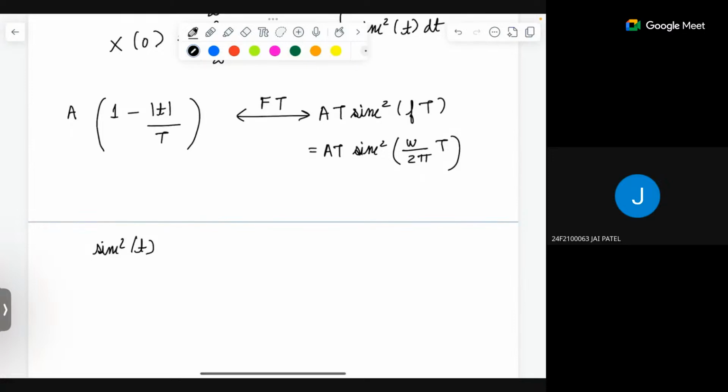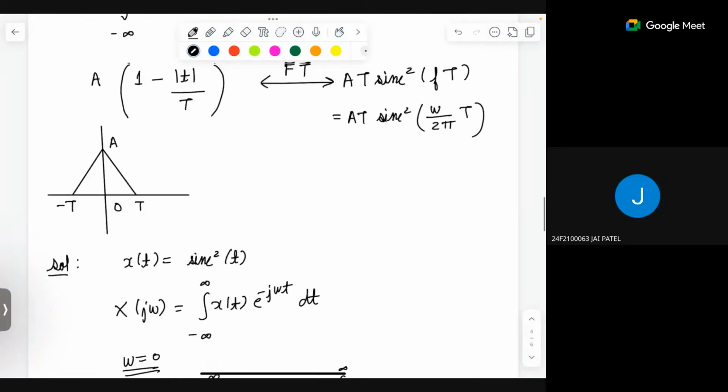So if we use the duality property, we will have A T sinc square omega T by 2 replaced by T, T by 2 pi capital T. This will have the Fourier transform 2 pi.